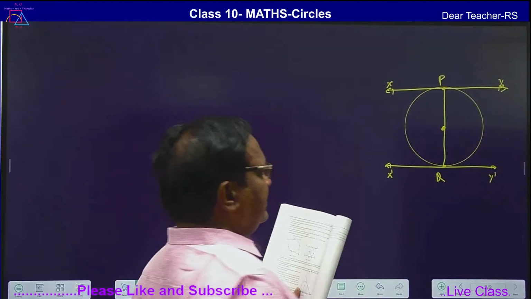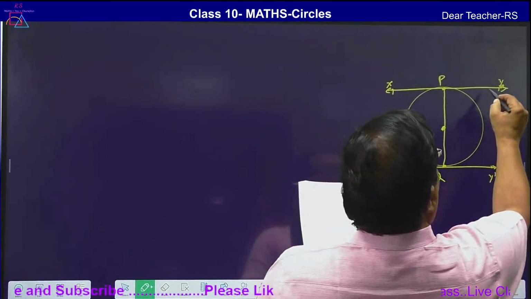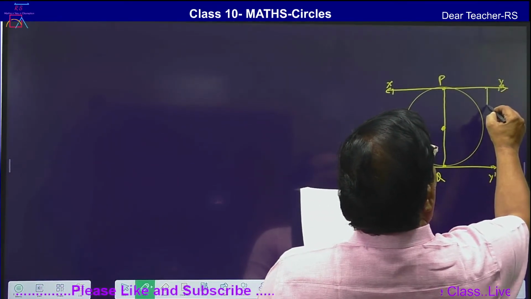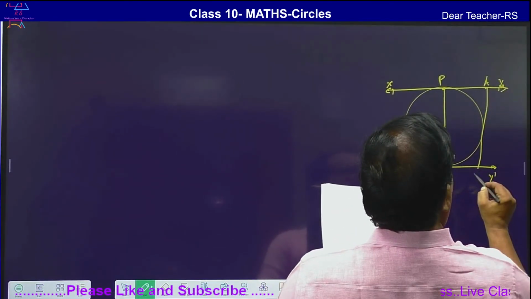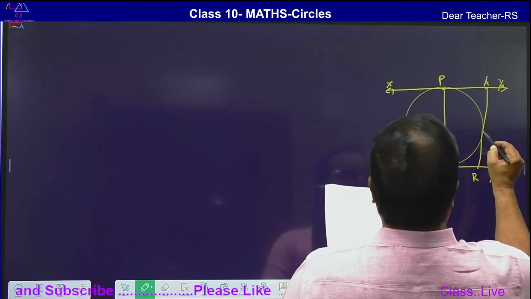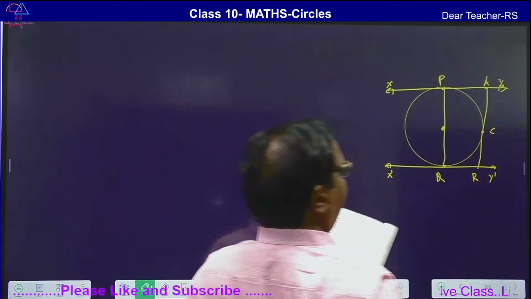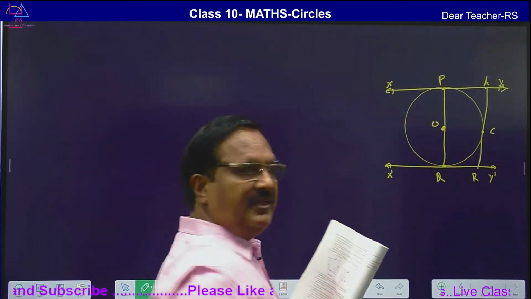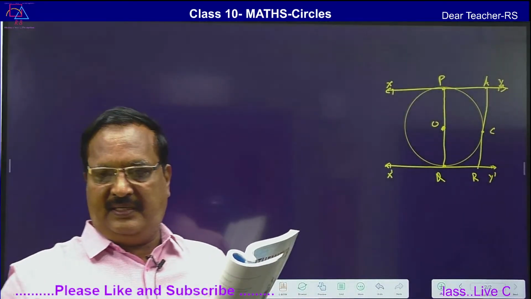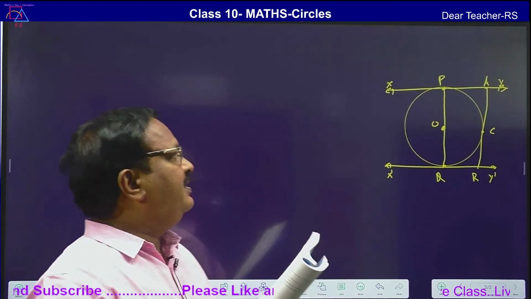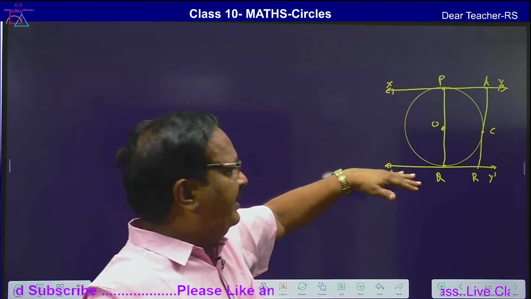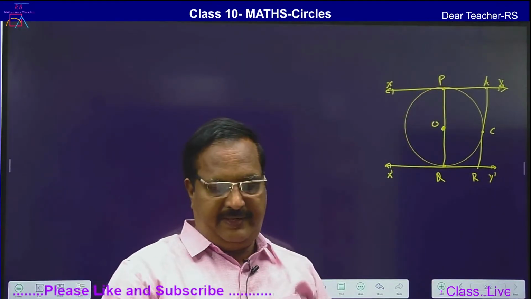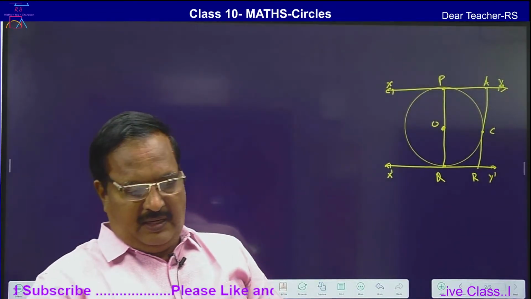Another tangent is also there. This is AB. And this point of contact is C, and this is O. So there are three tangents in this: XY, X dash Y dash, and AB.